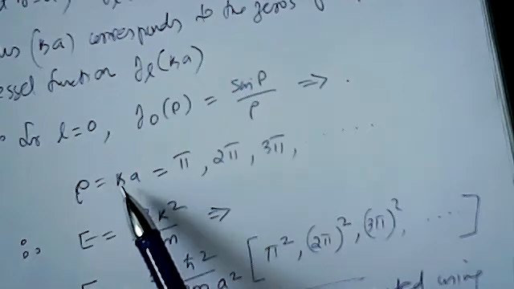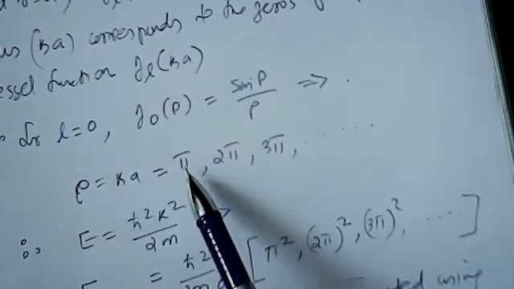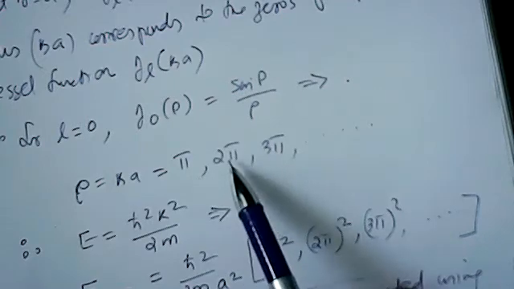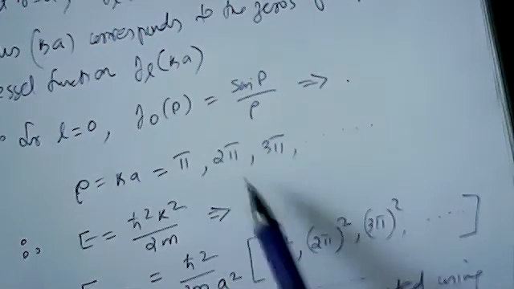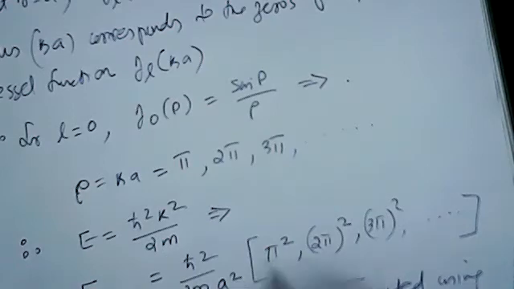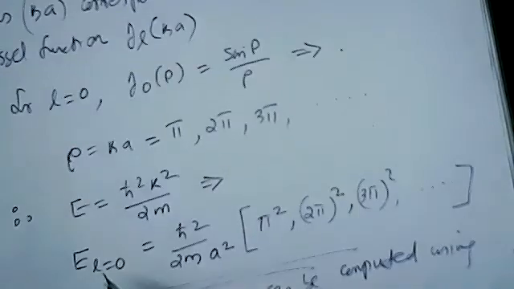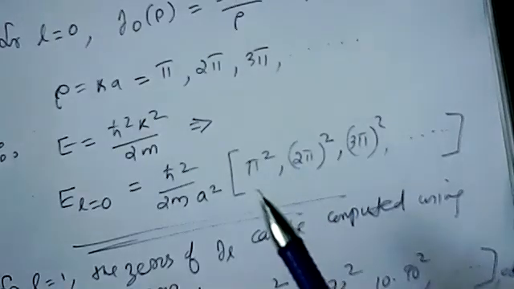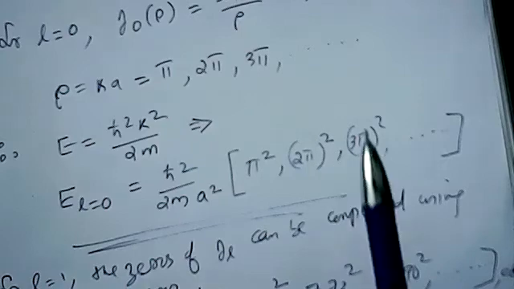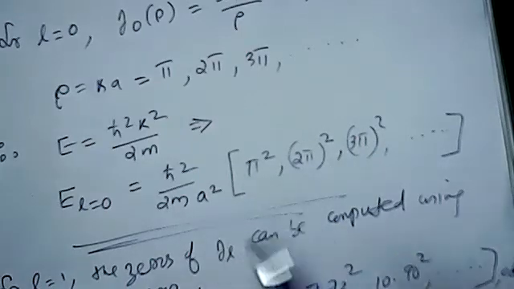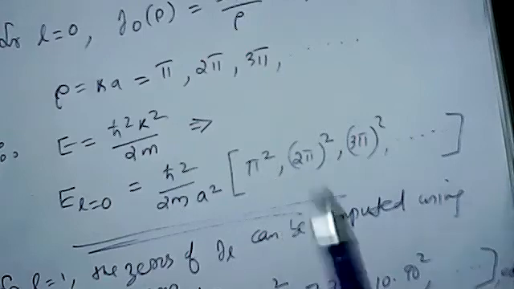K square means pi square by a square, 2 pi square by a square. So a square you can take outside, then into pi square, 2 pi square, 3 pi square, etc. Okay, so this is the ground state energy. The same value we obtained earlier in the case of the 3D box. Here it is a spherical box.